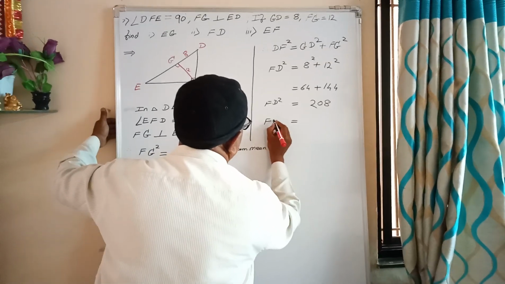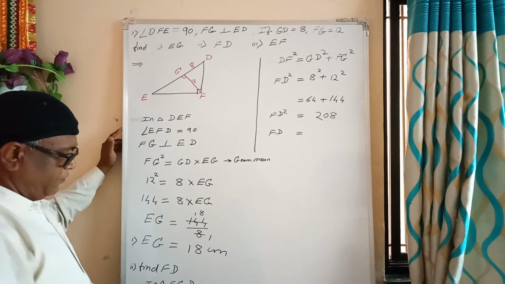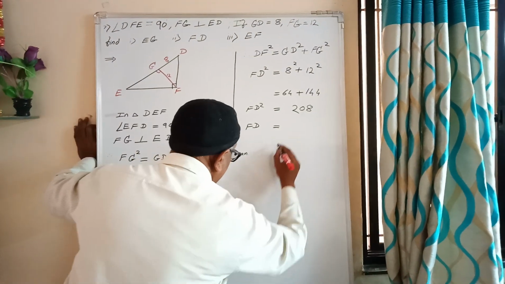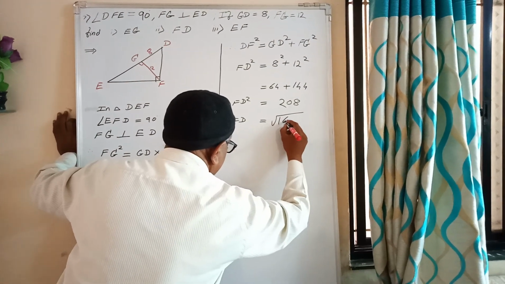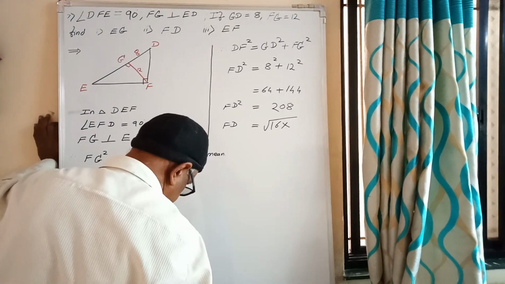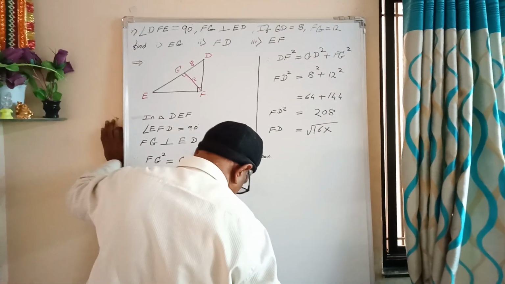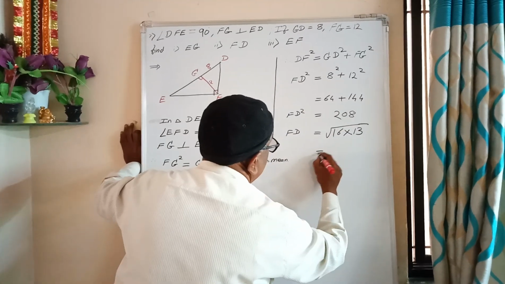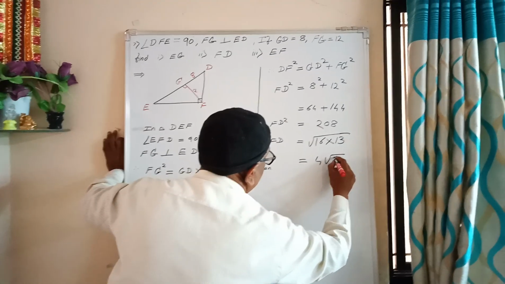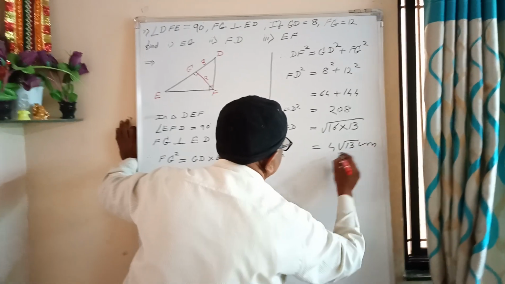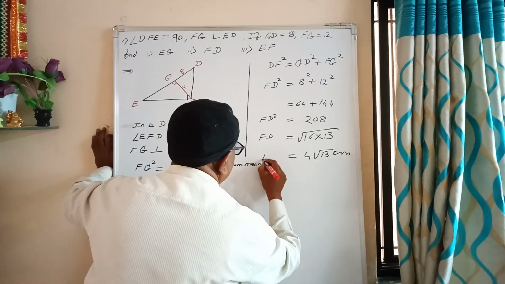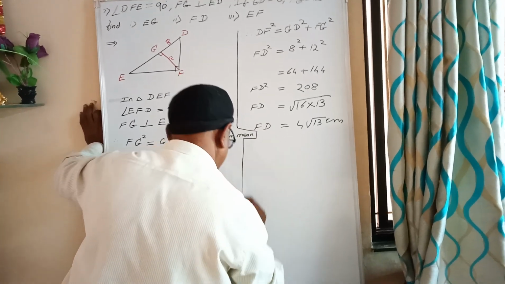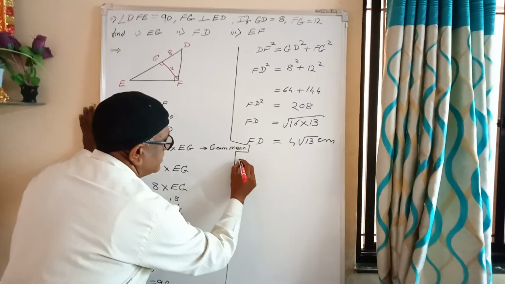So FD is equal to under root 16 into 13, which is equal to 4 under root 13 centimeter. This is FD.